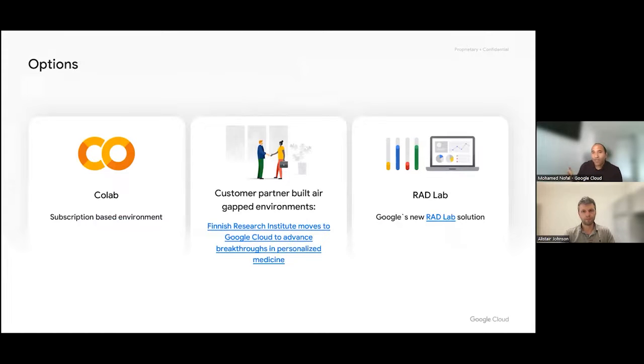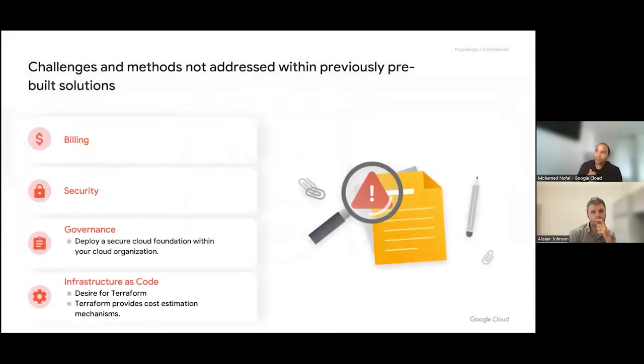However, one of the issues we're going to talk about in Health Data Nexus specifically is chargeback, and the need for Health Data Nexus and how it addresses that. Finally, there are customer or partner-built air-gapped environments. There are several examples of customers that have embarked on this, and this is the approach that Alistair and team took, building their own environment in collaboration with the partner ecosystem. So over to you, Alistair, to highlight some of the challenges that you brought to the table.